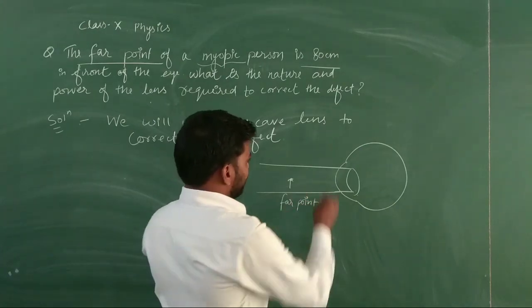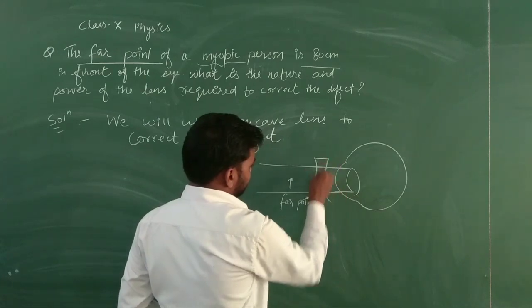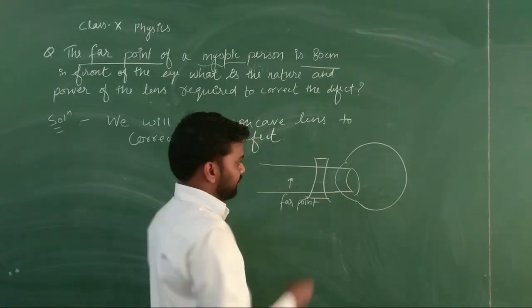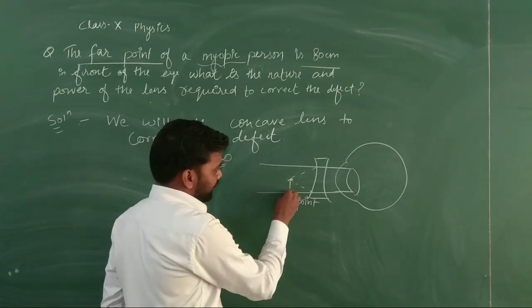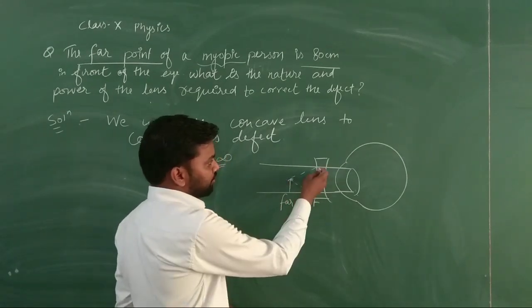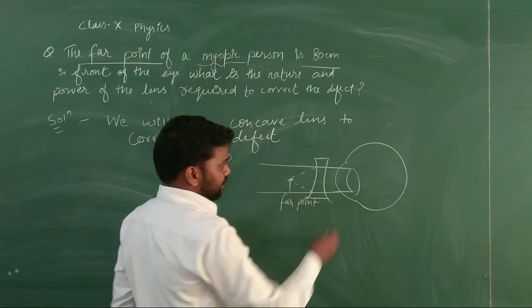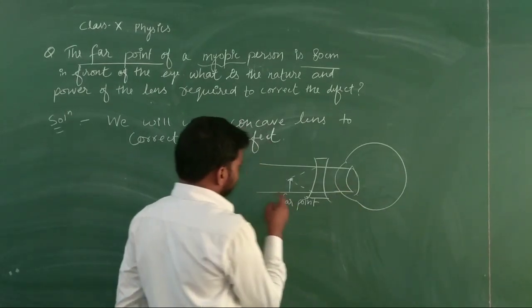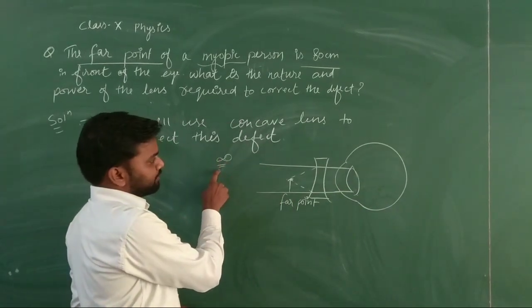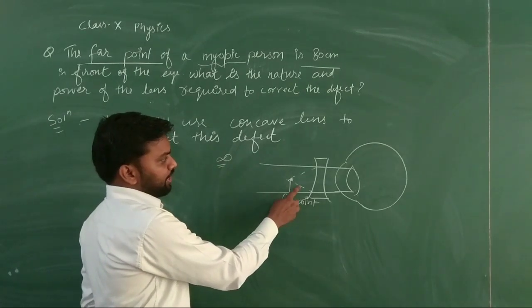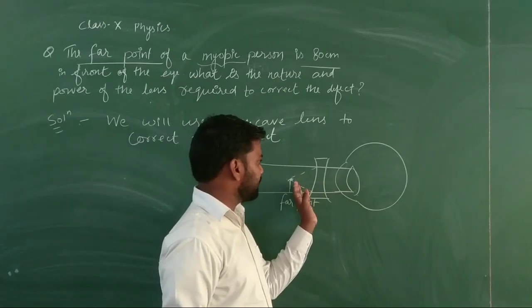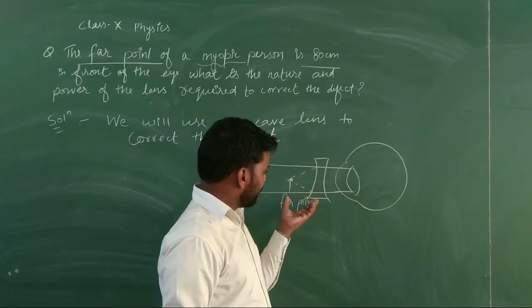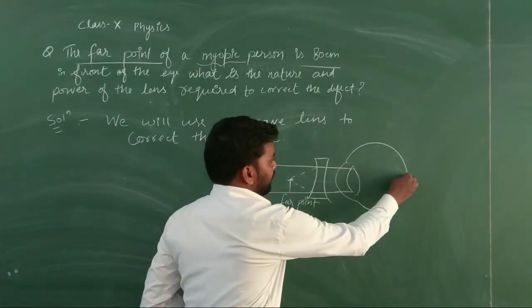But for a concave lens, this point will act like an image. We need to make an image up to this point by using the concave lens, after which our eye lens can easily detect the image of this object at this point, and this image will be used by our eye lens to make the image of this far point on our retina.